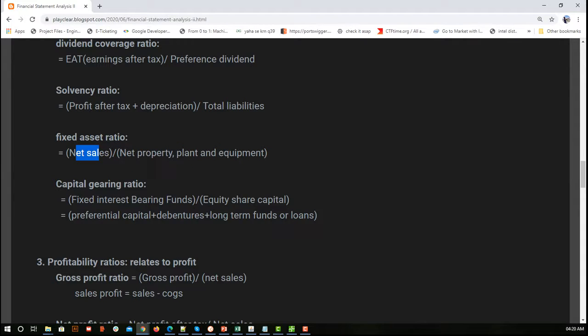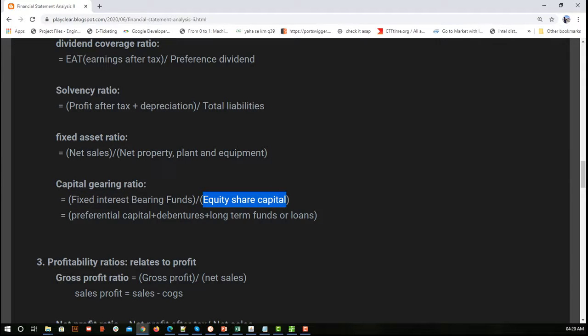Okay, now capital gearing ratio, what does it mean? It is a ratio of fixed interest bearing funds. So here we are not talking about the interest, we are talking about the funds for which we need to pay the interest. Suppose I have taken a 10 crore loan for which I have to pay 10 lakhs of interest. So I can say 10 crore is my fund for which interest needs to be paid. And this is the equity share which I have.